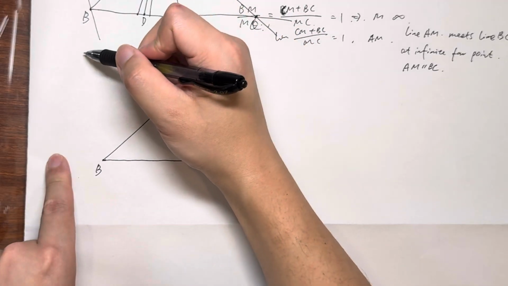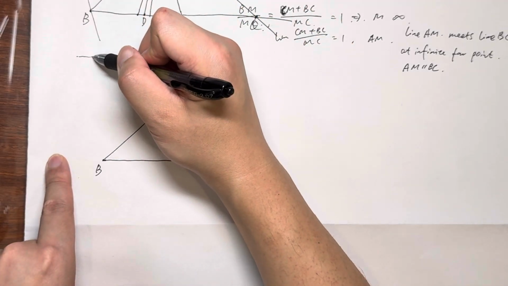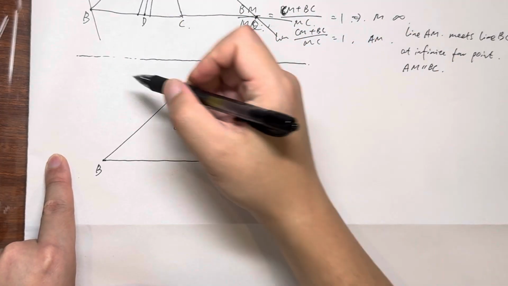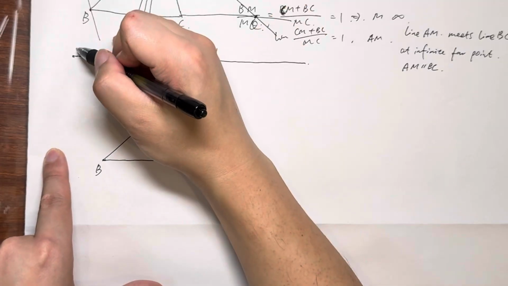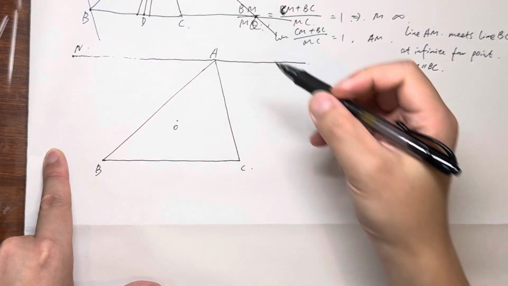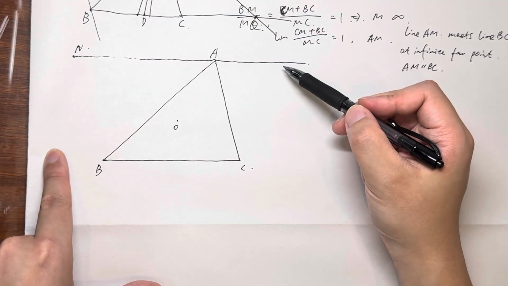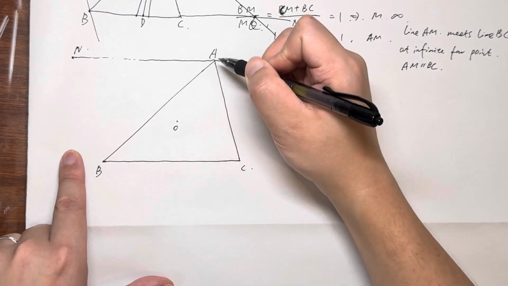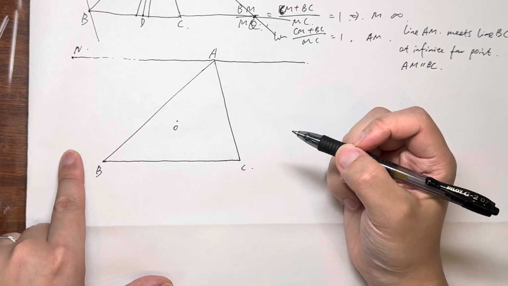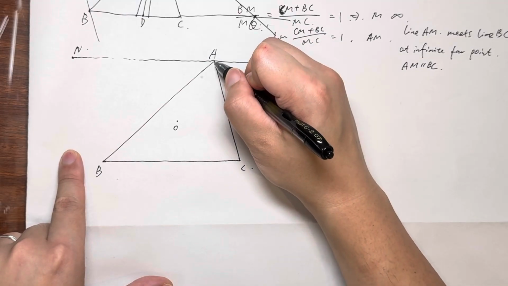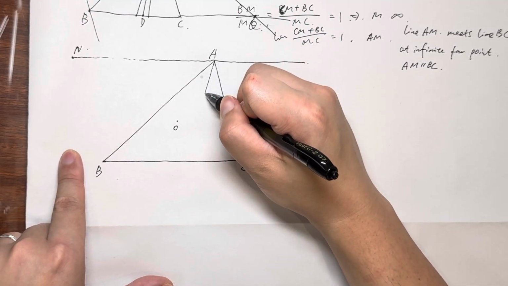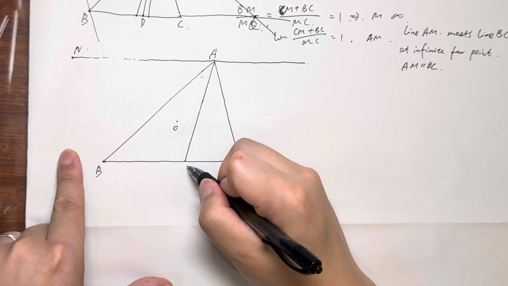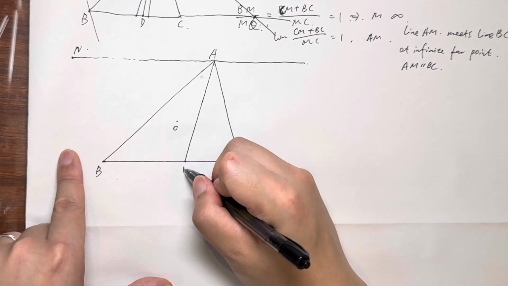And we know that the line passing through A and in parallel with BC, let's call it AN, is the external median, right? We want to find the conjugate external median, so we find the angle bisector of angle A first. Let's call this D, right?